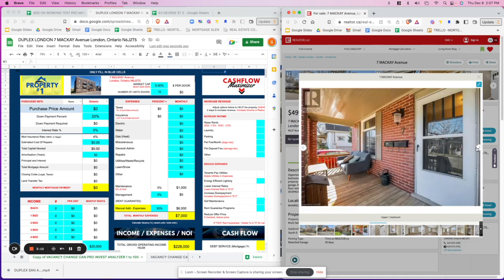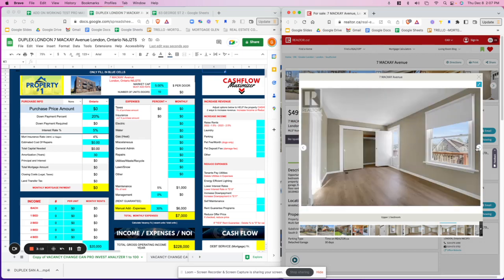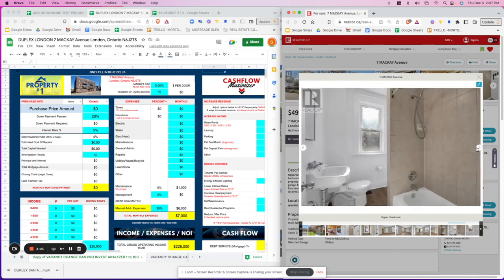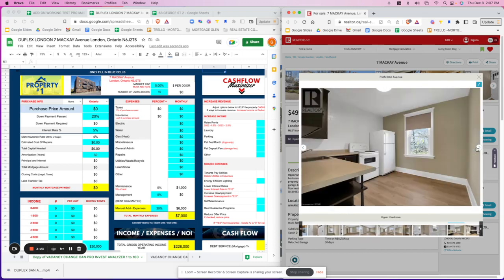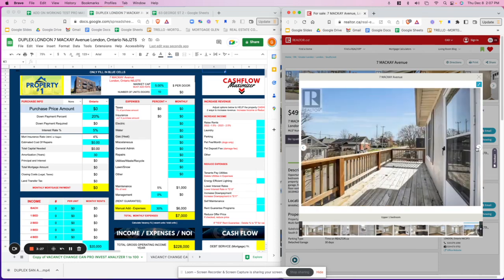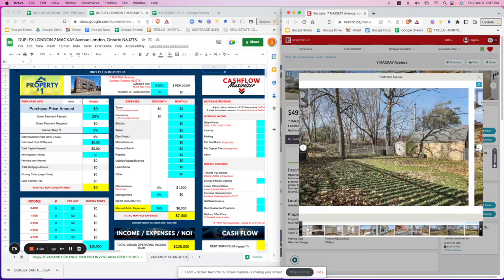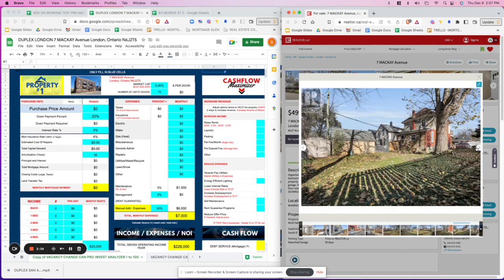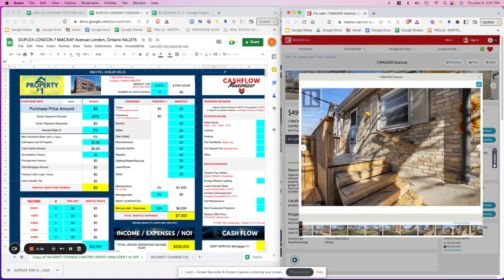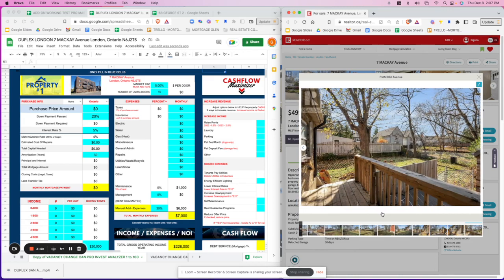So it's a cute little house, nice porch. Looks like it's well maintained. Hardwood flooring. It's actually quite nice for an investment property. The shed in the back, big backyard, and a deck, I imagine for the person on the top unit to be able to use.